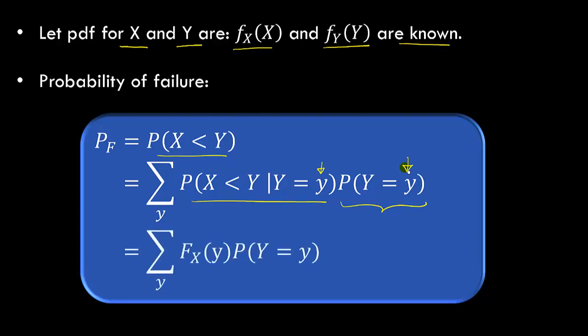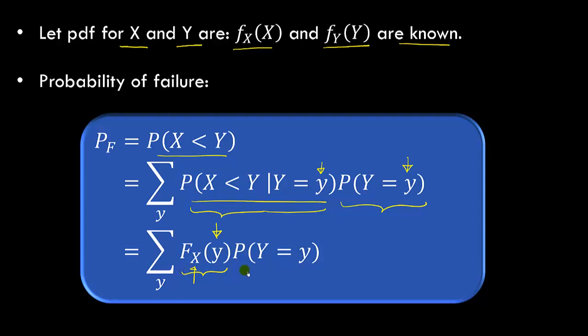Now if you see the first term, that is probability that x is less than y given that y is equal to a small y, is nothing but CDF, and this CDF is evaluated at a small y. So we can write this is a CDF of x, random variable x, evaluated at a small y. So this is for random variable x.